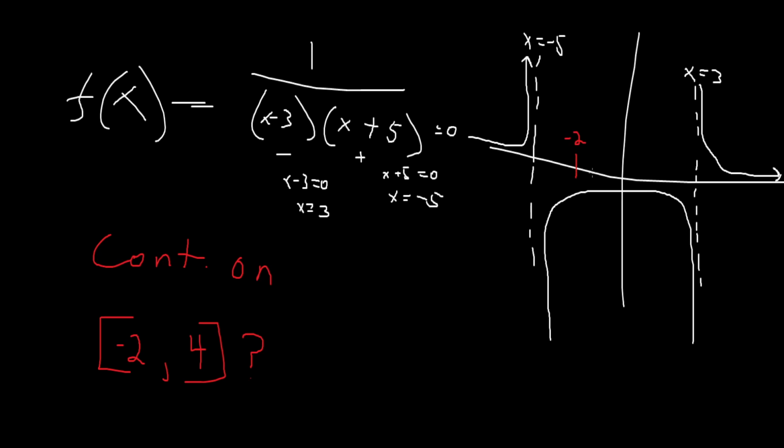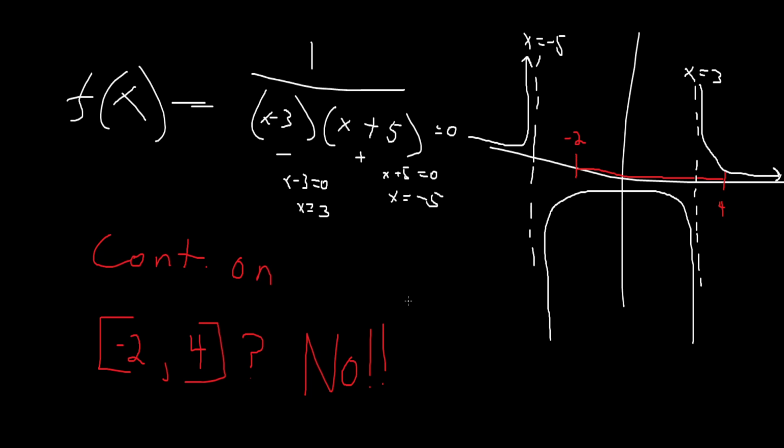It is continuous at -2. So it's still good, still good, still good. Oh no! We just hit 3. So now there's a break. And then we go on to 4. So no, this would not be continuous from -2 to 4 because we have a break in between those two numbers.